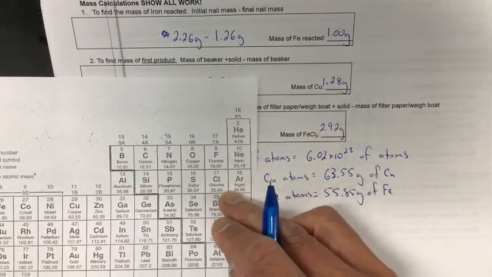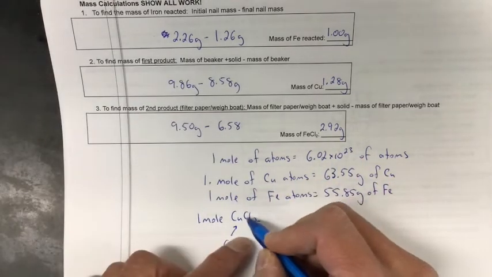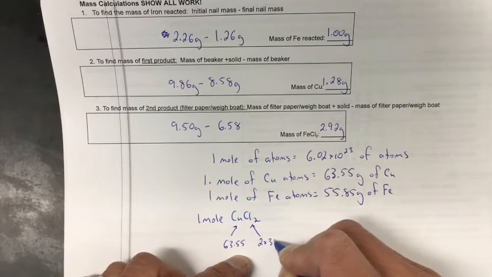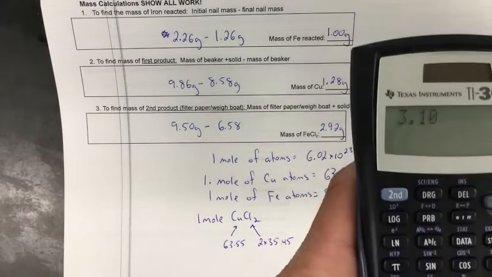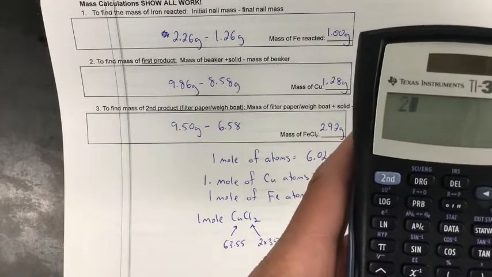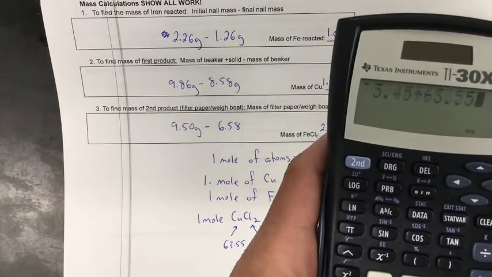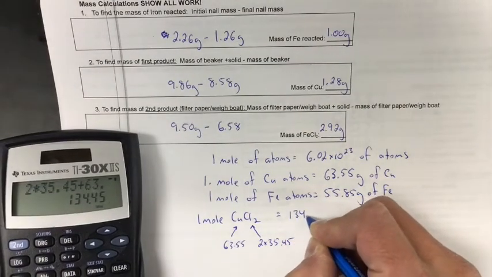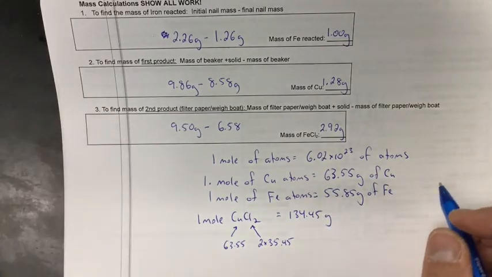So that's 35.45. But we're going to multiply that by 2. So 2 times 35.45. And if you do that, you end up with 134.45 grams. Okay?